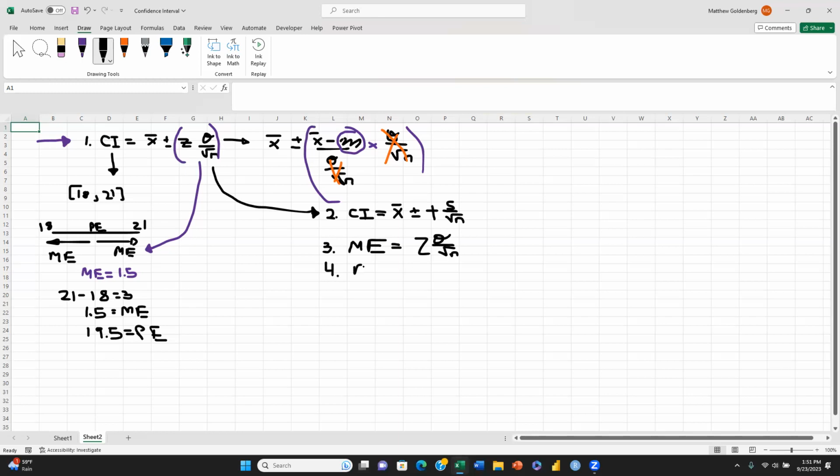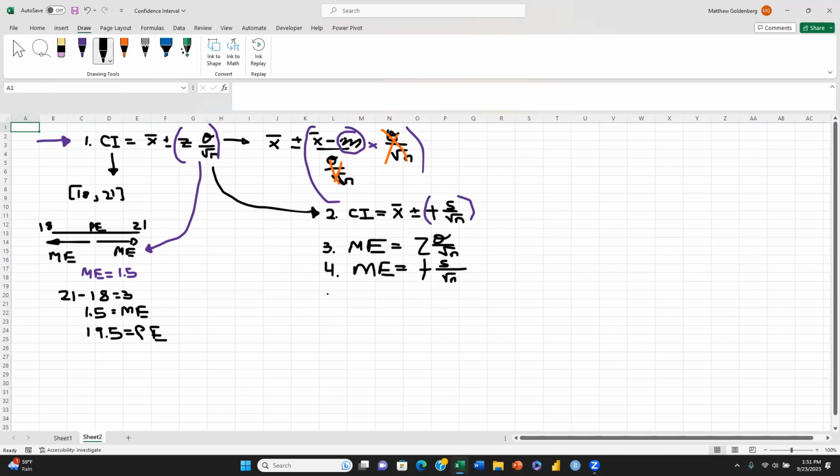And equation 4 is margin of error is equal to t, standard deviation of the sample over the square root of n. How we got this kind of makes sense. We're just taking this purple part right here, and this other purple part right here, and we're calling them out separately as margin of error.